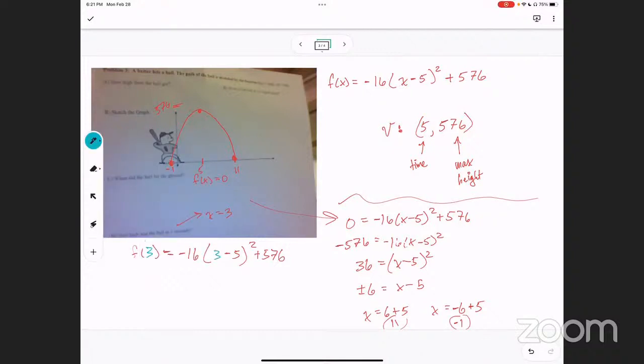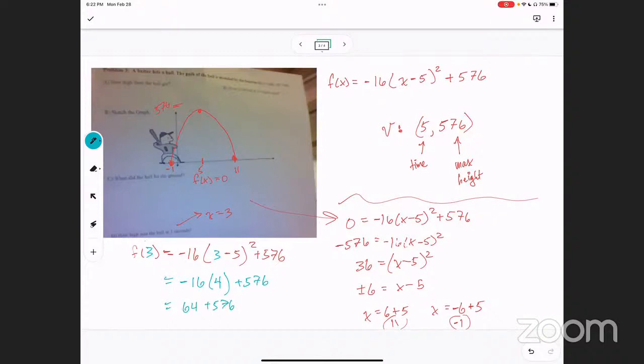What's 3 minus 5? Negative 2. And what's negative 2 squared? Positive 4. Oh, yeah. And 16 times 4 is 64.